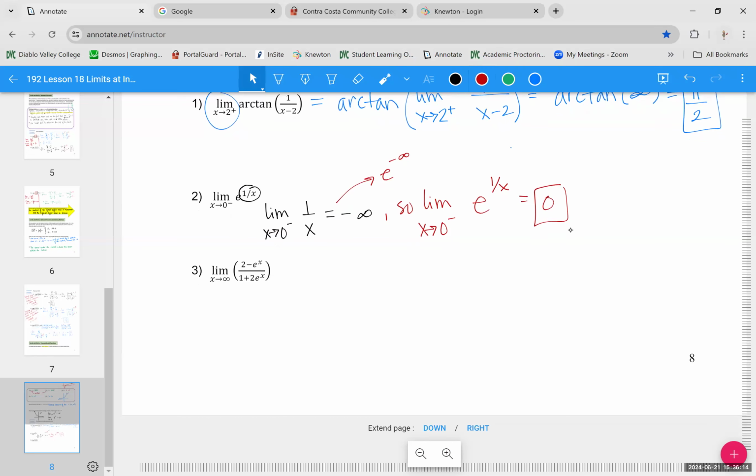And last but not least, we have a rational function this time, and it doesn't involve polynomials, but it does involve e's. And so we're going to use the same technique that we used before for the rational functions, which is we're going to divide everything by the highest power of e to the x, which is just good old e to the x in the denominator.